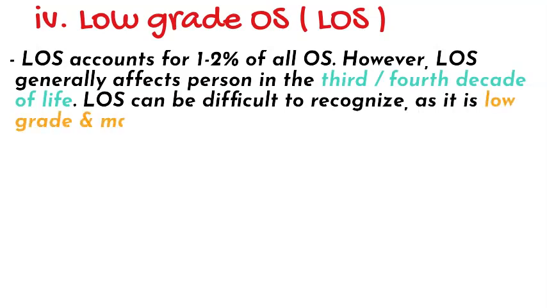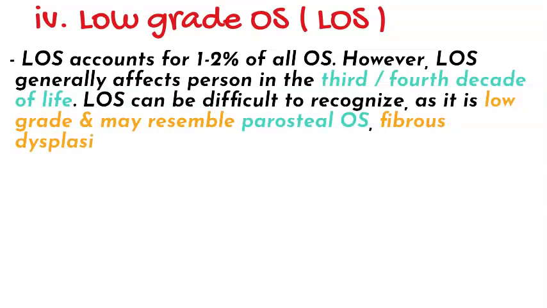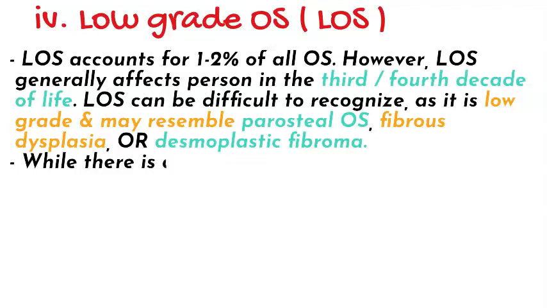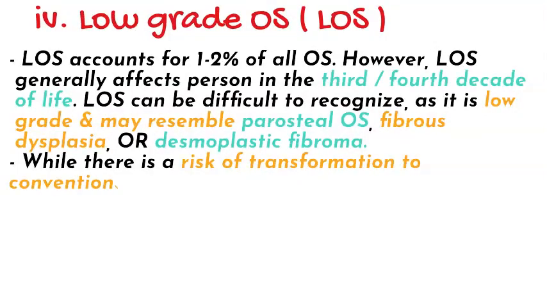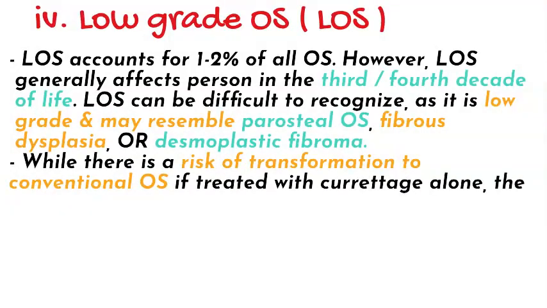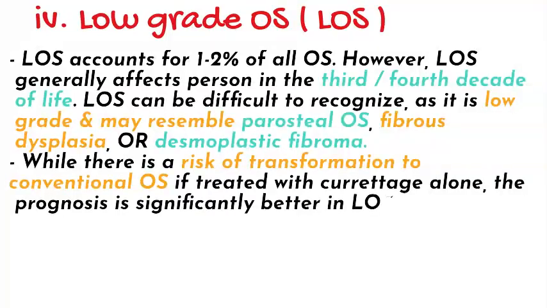LOS can be difficult to recognize as it is low-grade and may resemble parosteal osteosarcoma, fibrous dysplasia, or desmoplastic fibroma. While there is a risk of transformation to conventional osteosarcoma if treated with curettage alone, the prognosis is significantly better in LOS.